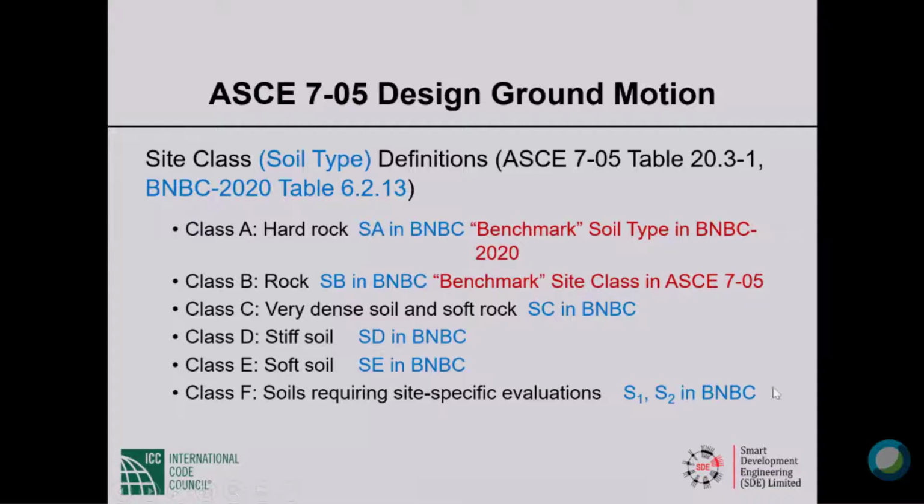I decided not to go into the definition of site classes and the soil stuff because I would like to keep to the structural part, and between Professor Abedin and Professor Ansari, you will get a good idea of the soil or the geotechnical part. Okay? So A, B, C, D, E, F are SA through S sub E, and then F is S sub 1 or S sub 2.